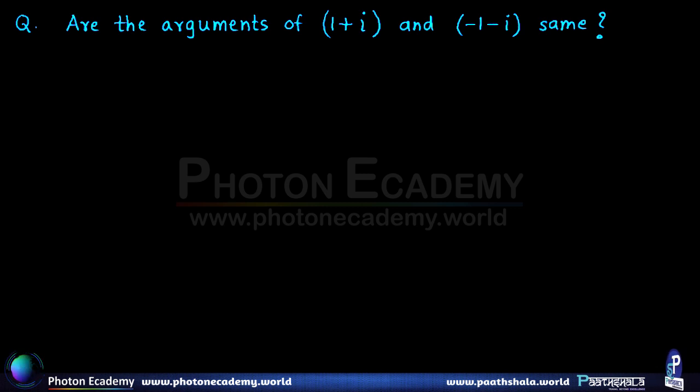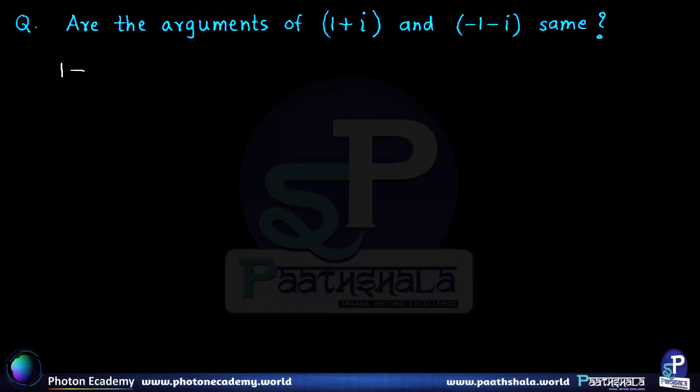Now here we have to check whether the arguments of the two numbers 1 plus i and minus 1 minus i are the same. Now let's consider the first number, that is 1 plus i. Here the argument theta is given by tan inverse of 1 upon 1.